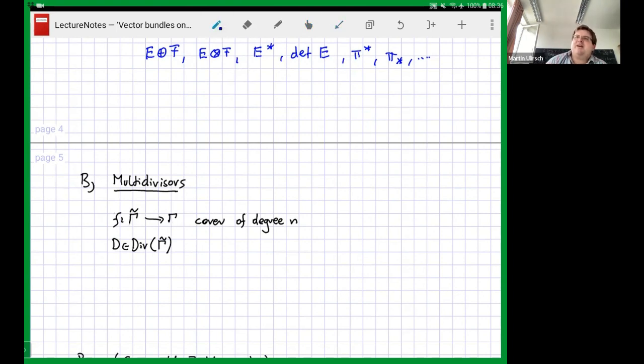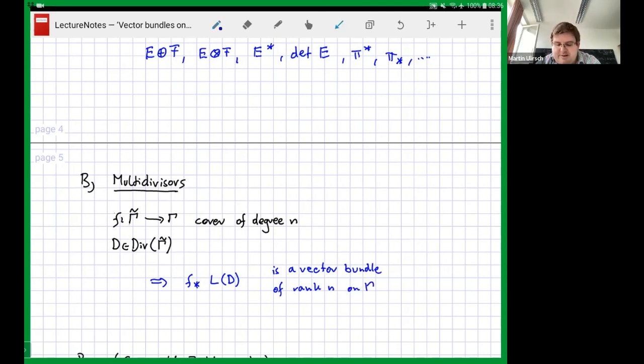And once we have a divisor on gamma tilde, we can apply what we learned: we take the associated line bundle to this divisor and then push it forward along F. And this is then a vector bundle of rank n on gamma, meaning the n that is the covering space degree gives you the rank of the vector bundle on gamma. A word for the experts: this has nothing to do with the Baker-Norine rank.